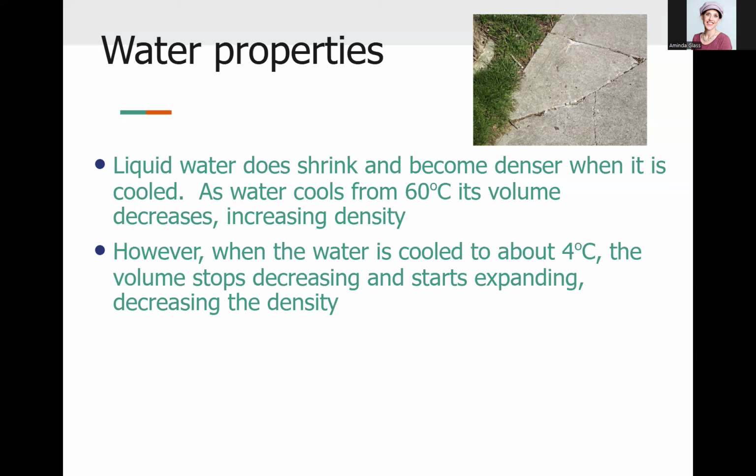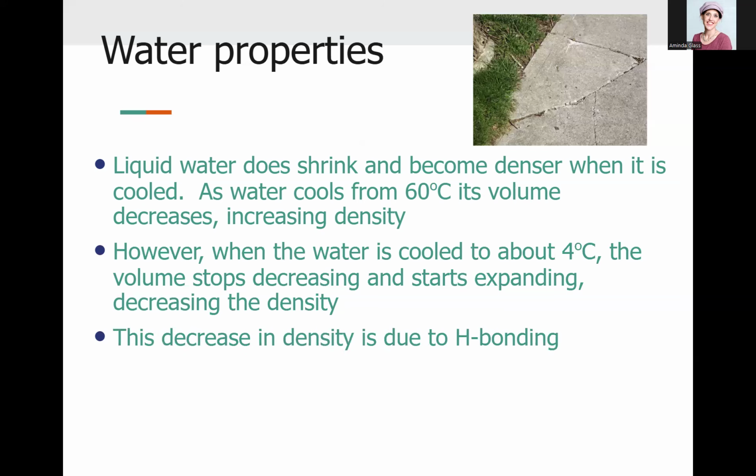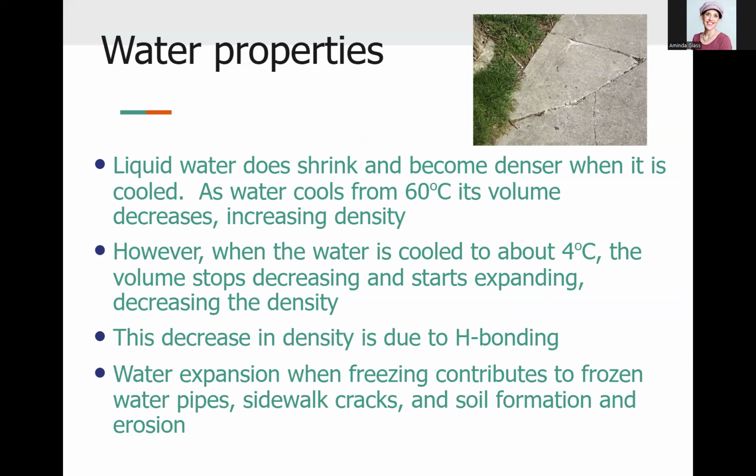But when it gets to about 4 degrees Celsius, the volume stops decreasing and it starts expanding. And as it expands, it decreases the density. The decrease in density is due to hydrogen bonding.